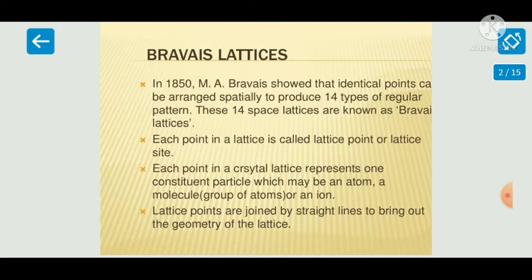So Augustus Bravais found that identical particles can be arranged in 14 types of regular patterns.